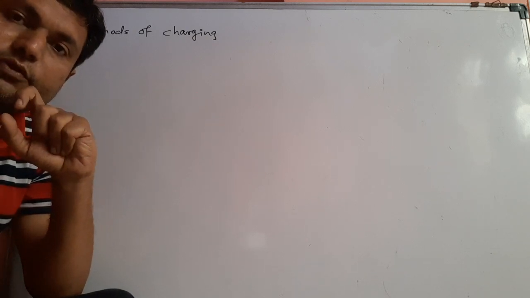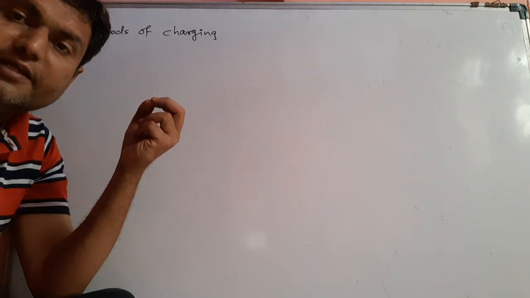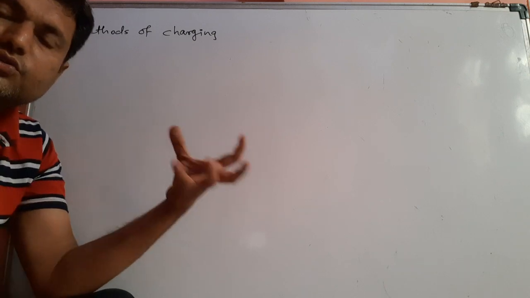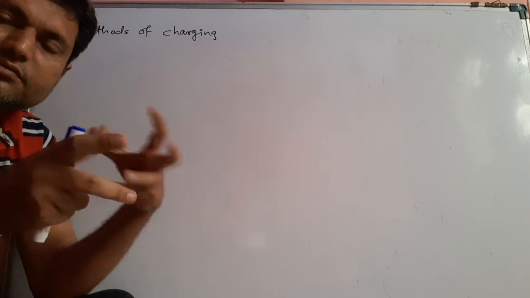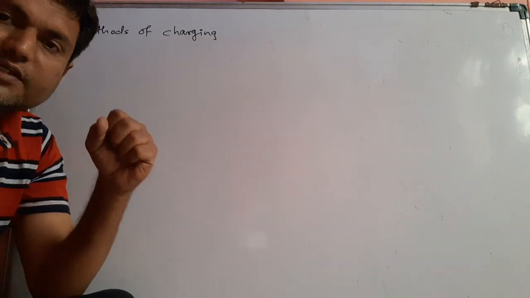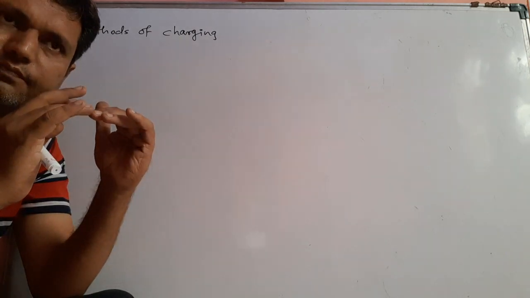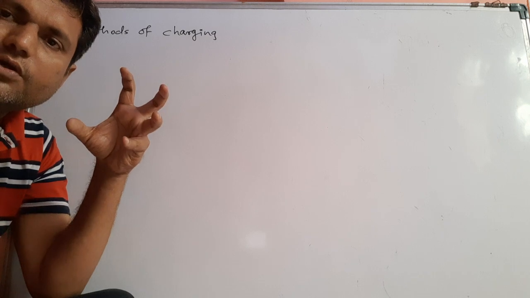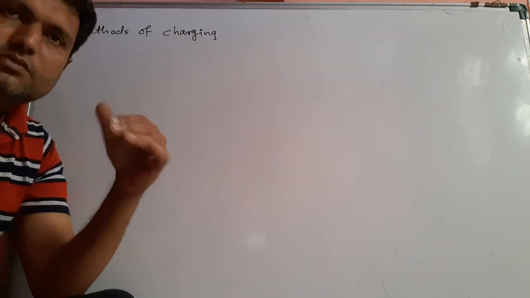The second thing is charging by conduction. In this second method, we bring two bodies in contact and there is an exchange of charges. In general, charges flow from higher potential to lower potential.